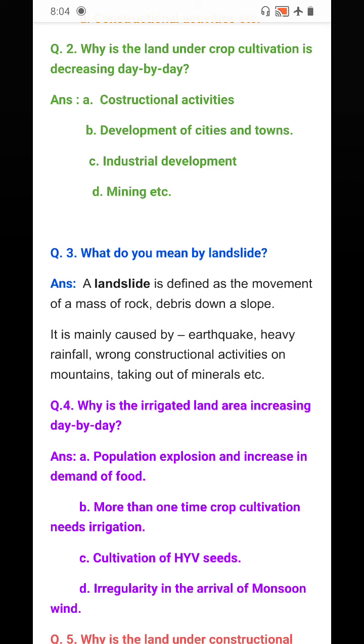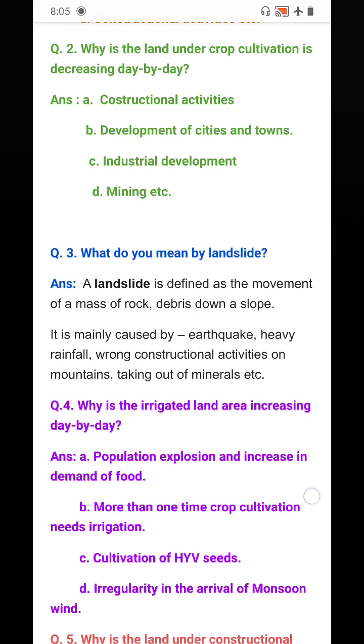This is called what? Landslide. It is mainly caused by earthquake, heavy rainfall, or wrong constructional activities. That means it may be caused by nature, it may be caused by human mistakes. Wrong constructional activities on mountains, taking out of minerals, etc.